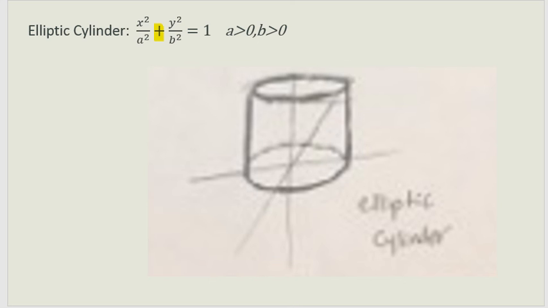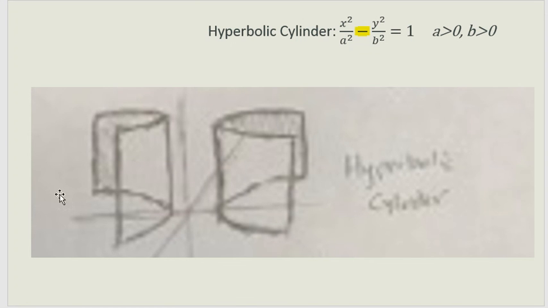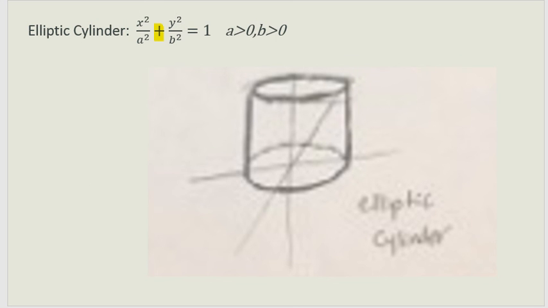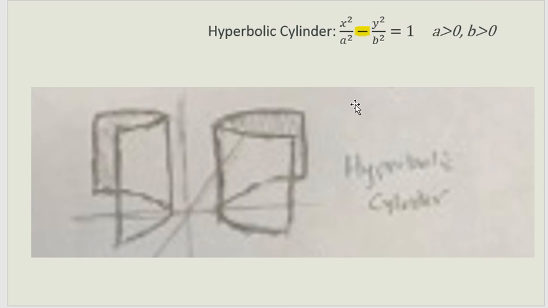So now, what about hyperbolas? You got your hyperbolic cylinder, which has a minus instead of a plus, which says, hey, reflect, essentially. And this is kind of what it looks like, or this is what it looks like in this case.